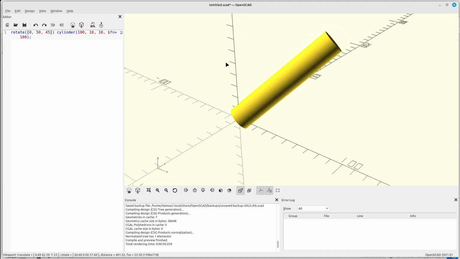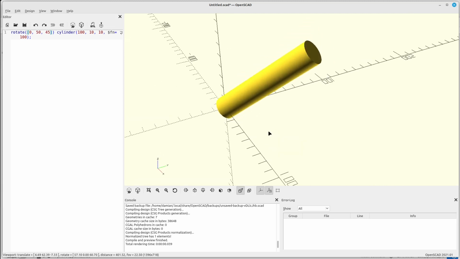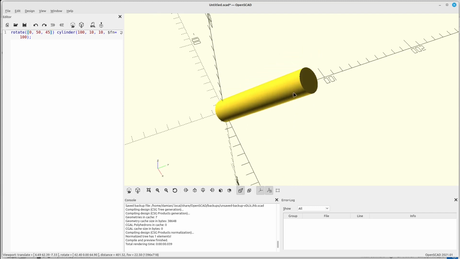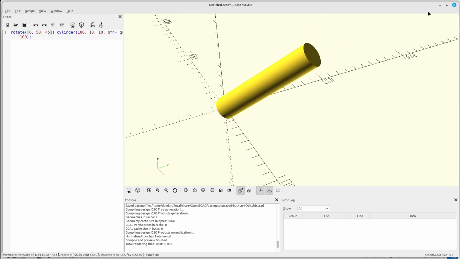So those 2 degrees of freedom are unconstrained. And technically something like this could be a part of the kinematic chain of a robotic arm. So let's go over to Python and see how we could solve this problem.